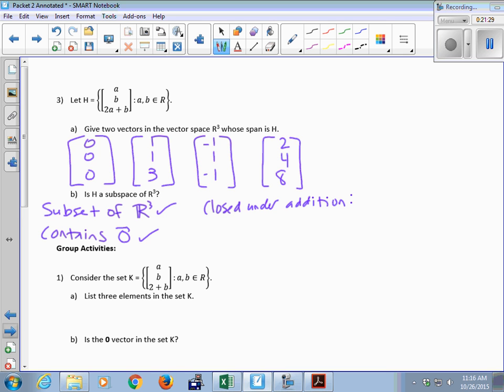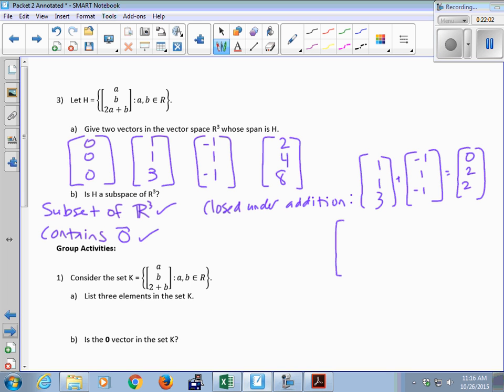Okay, so let's just pick 2 and add them together. If I do 1, 1, 3 plus -1, 1, -1, I get 0, 2, 2. Is 2A plus B my third entry? Yeah. Will that always happen? Let's do one more and try to convince ourselves.